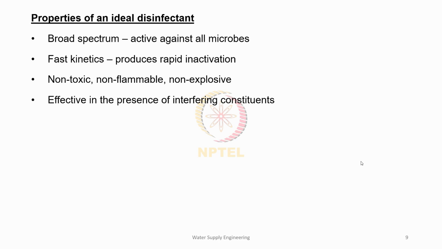So the disinfectant should be able to react even in the presence of interfering components. Also, it should be compatible with various materials and surfaces, so that we can use it as a universal agent. We can apply it to all kinds of water samples.